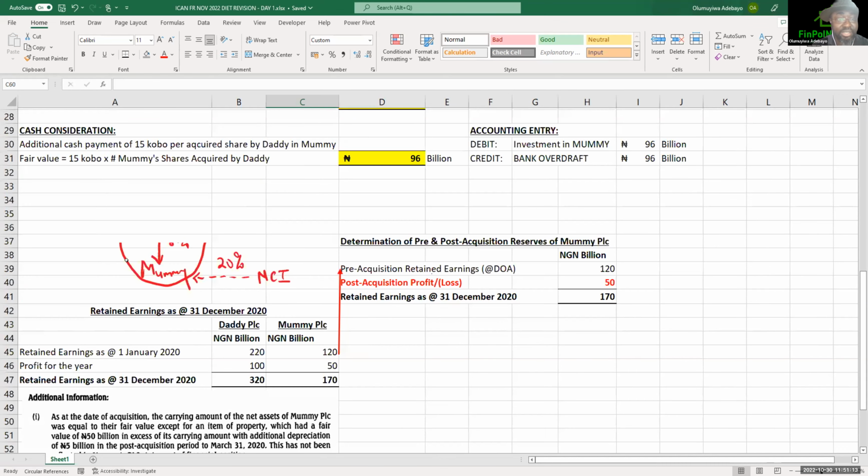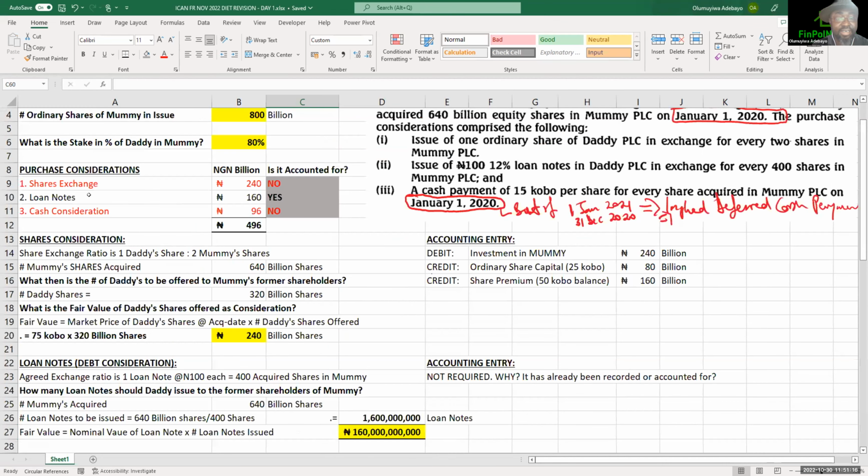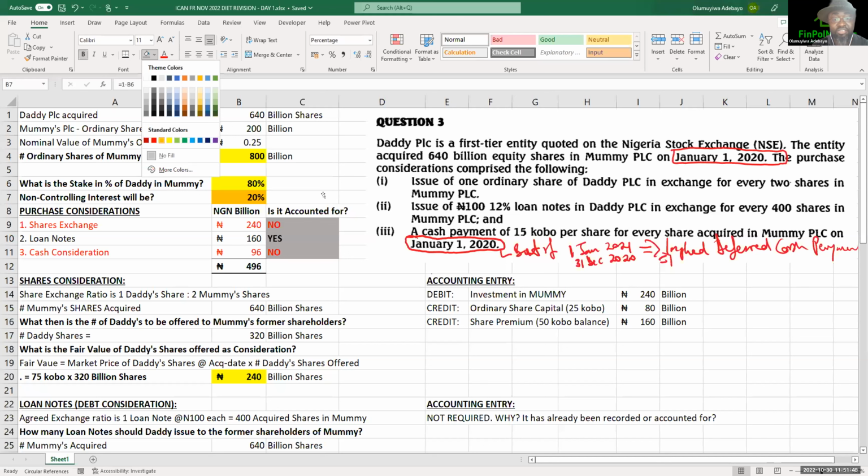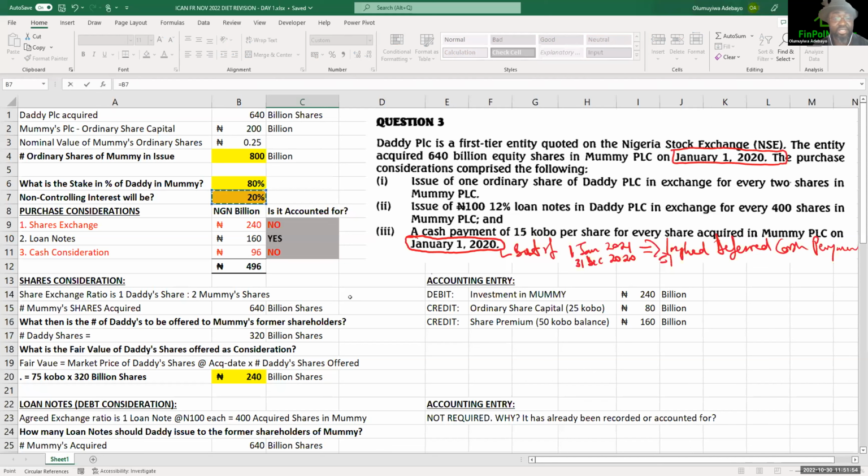And to do that, I can quickly come here and say, if the stake is this, therefore, non-controlling interest will be what? Remember, it's just 1 minus the percentage of the parent, which is 20. Okay? Therefore, I'll also do the same thing here, 20% of the 5 million, and that is that. Okay? And we're going to see the effect of what I've done later.